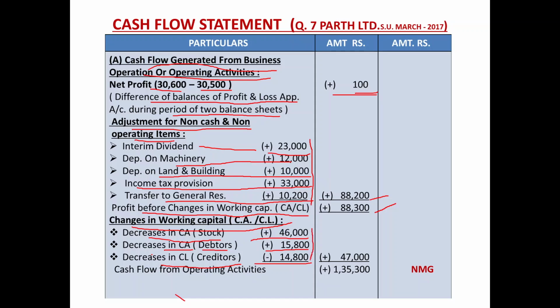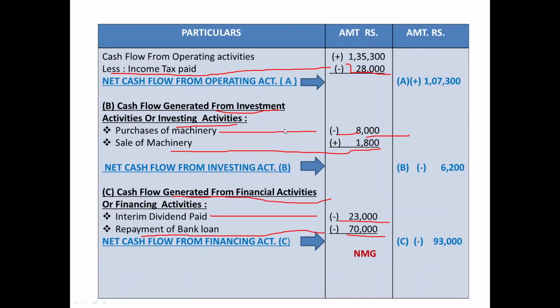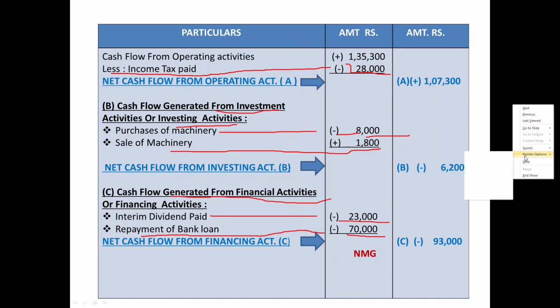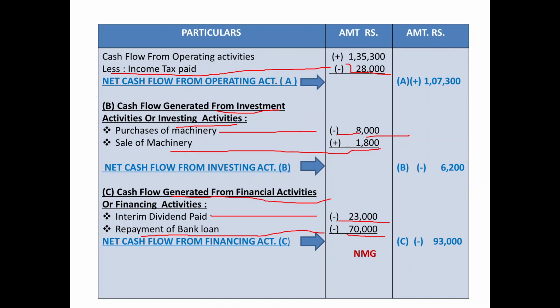Total of these three, net impact plus 47,000, and that gives the answer of cash flow from operating activities plus 1,35,300. Less income tax paid, we already reported it, 28,000. That gives the final answer, net cash flow from operating activities A, plus 1,07,300.